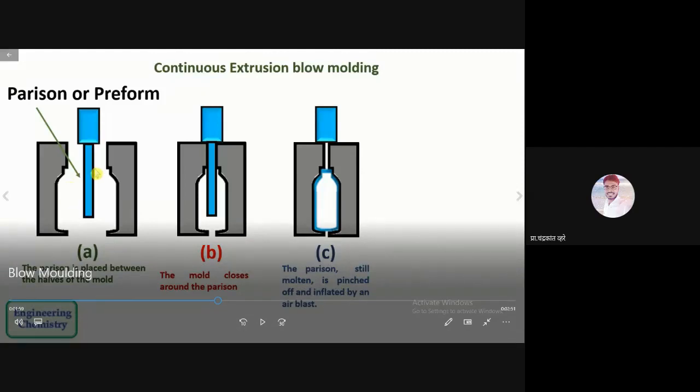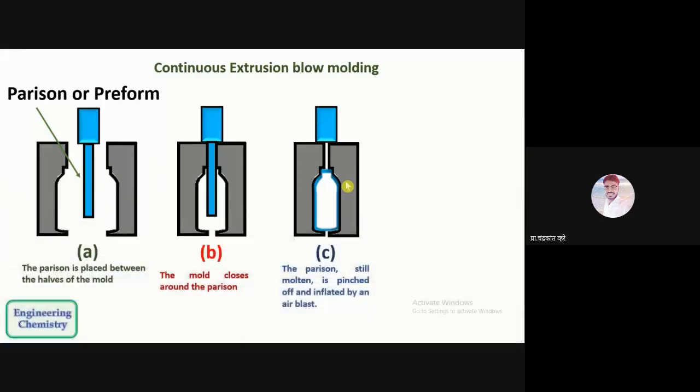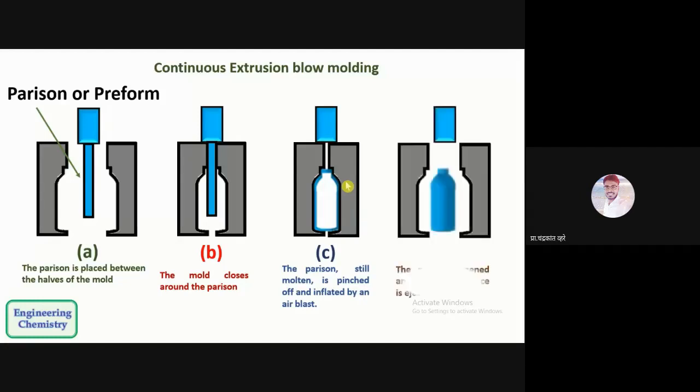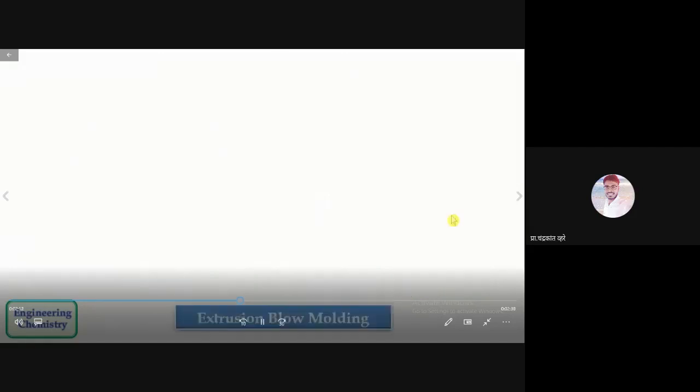This parison we place in between these two molds, and here the parison is molded. If you see one more step, then you will understand. Such bottles we can manufacture by using this blow molding.